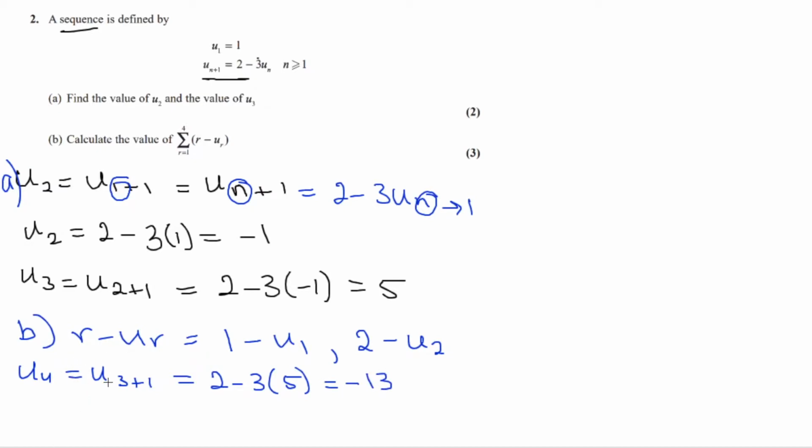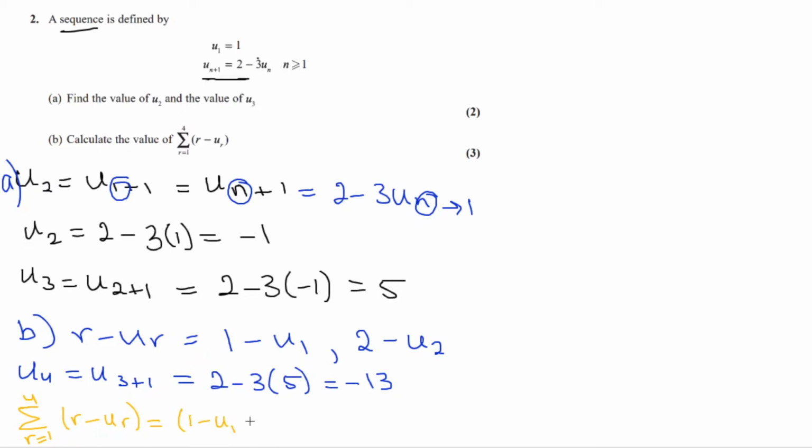Now, for the sum of all of these values, just for explanation, I'm going to write it down here to simplify it. What we mean by the summation of r minus Ur is basically this. r goes from 1 to 4. We've got r minus Ur, and I can write it down as 1 minus U1, that's the first term because r starts from 1.